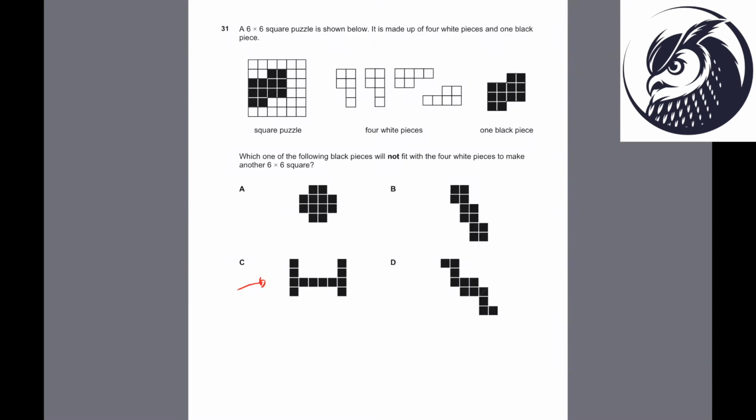So let me just show you what I mean. You look at it and you see the bottom part here. So you can consider drawing one of those shapes here, like so, right? But you can't actually make this into a perfect square with the black shape like it is here.